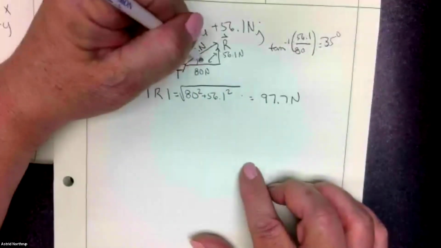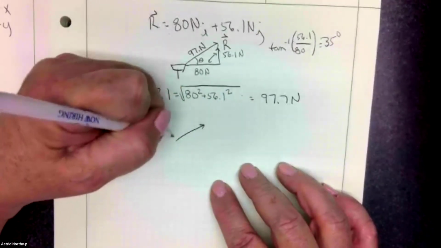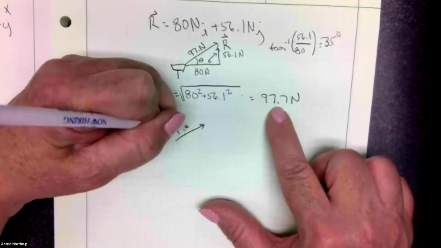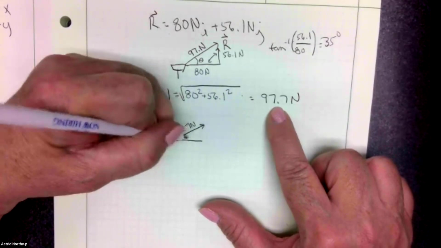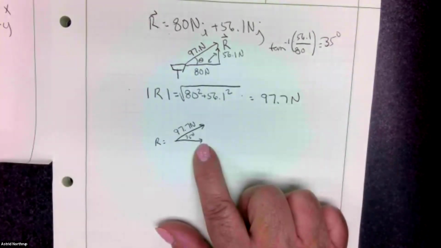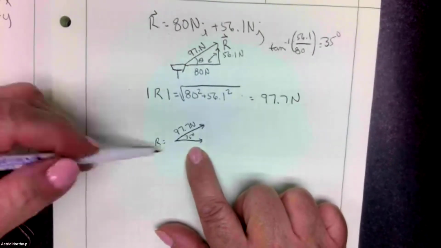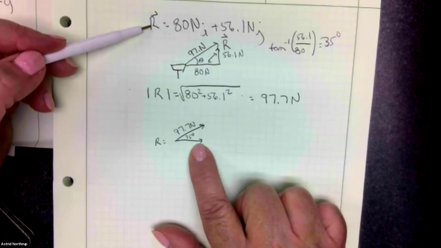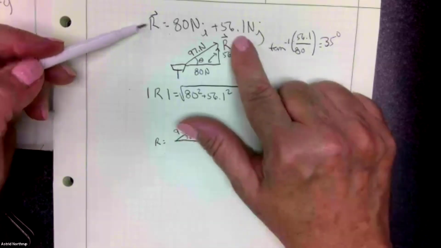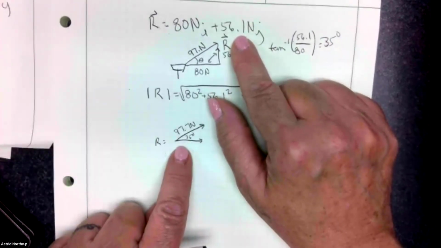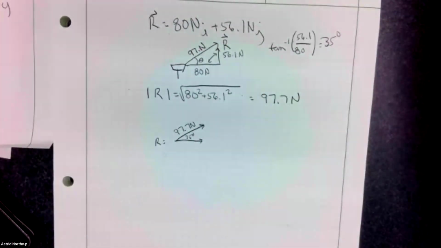Okay, so that means that another way to write this would be resultant R is equal to 97.7 newtons at an angle of 35 degrees from the horizontal. So this number and this vector and this vector are identical. This number is written in vector notation. This is written like a little free-body diagram, but the information that they convey is exactly the same.